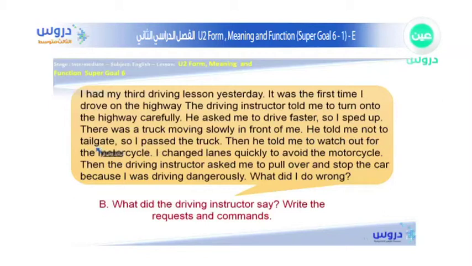He told me not to tailgate, so I passed the truck. Then he told me to watch out for the motorcycle. I changed lanes quickly to avoid the motorcycle. Then the driving instructor asked me to pull over and stop the car because I was driving dangerously. What did I do wrong?